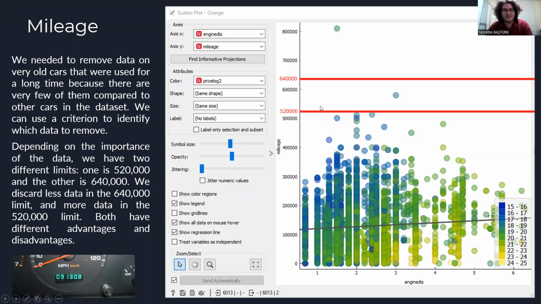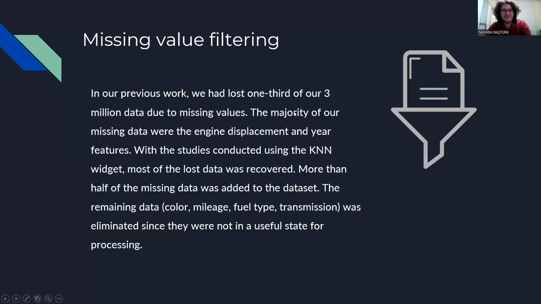Other slide. About missing value filtering, as we mentioned, we use Kaggle widgets to find our data, and on the other hand, we cannot find some data, which are color, fuel type, and transmissions.